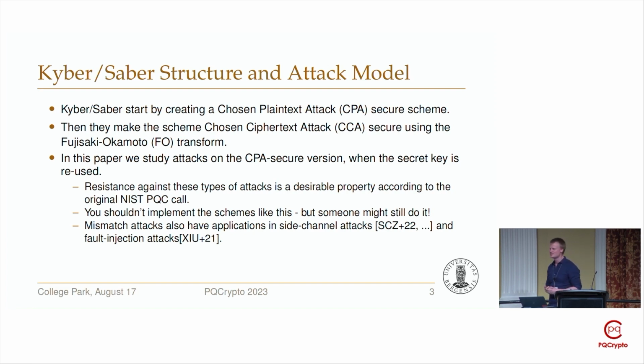Resistance against these types of attacks was considered a desirable property in the original NIST call. You shouldn't do it like this, but somebody might still do it, so it can still be interesting to study this type of attacks. Also, more importantly, these types of attacks have applications in side channel attacks and fault injection attacks.